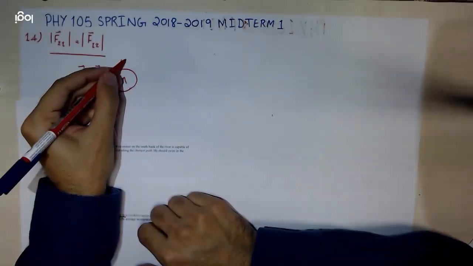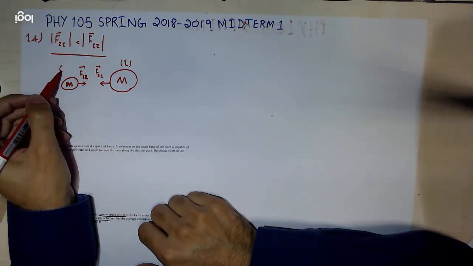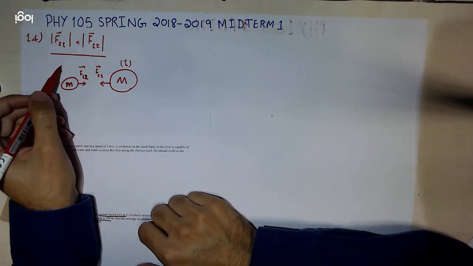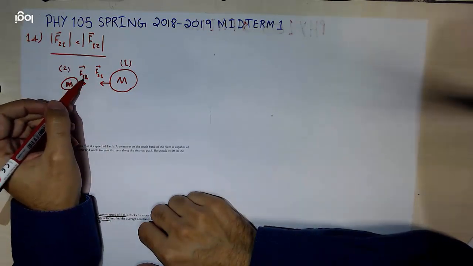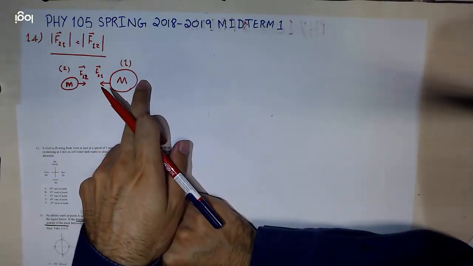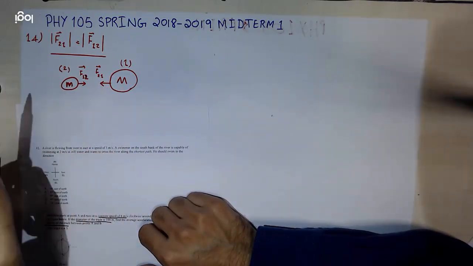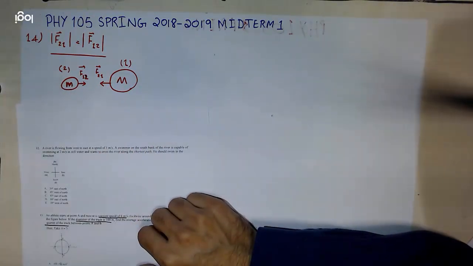Let's take this as the first and this as the second. Force F12 is the force acting from the first mass on the second, and force F21 is the force acting from the second mass on the first mass.